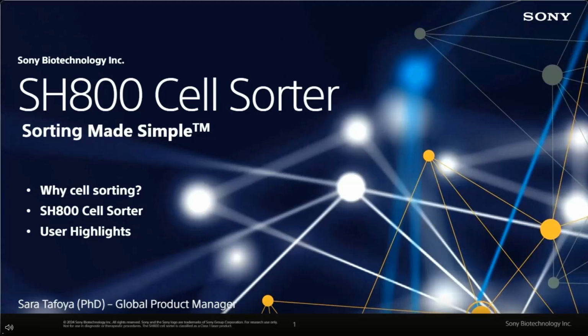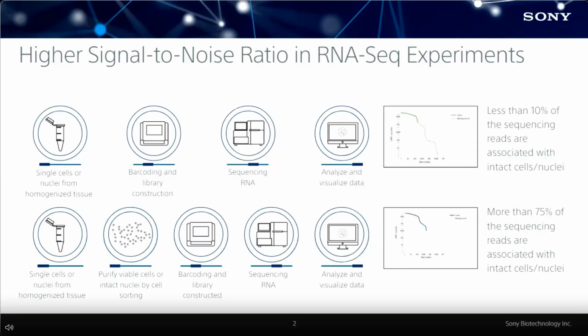Before we dive into our main presentation, I'd like to take a moment to highlight the benefits of using a cell sorter during sample preparation to obtain a higher signal-to-noise ratio in your single-cell analysis. Let us consider two similar workflows for single-cell analysis. In the top scenario, the user generates a single-cell or single nuclei suspension from homogenized tissue.